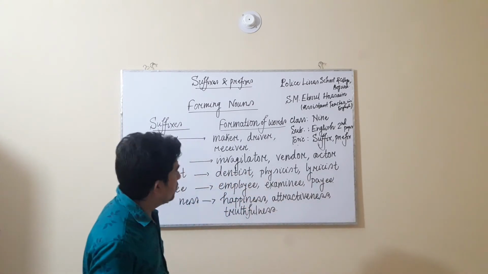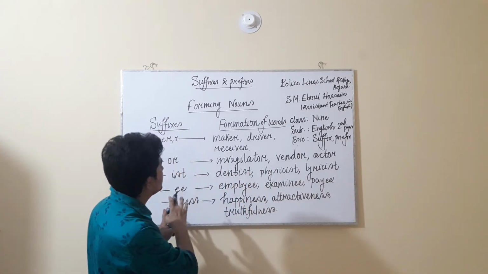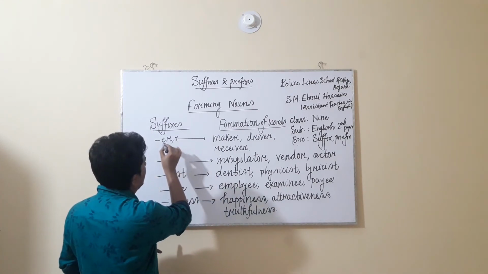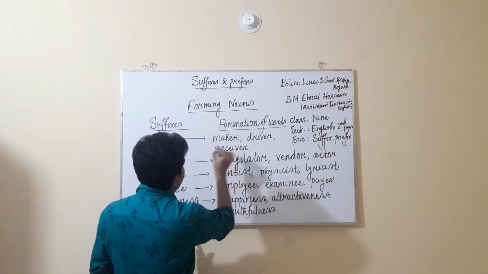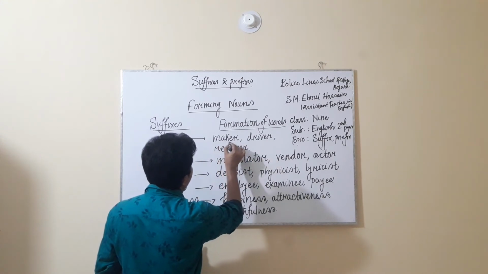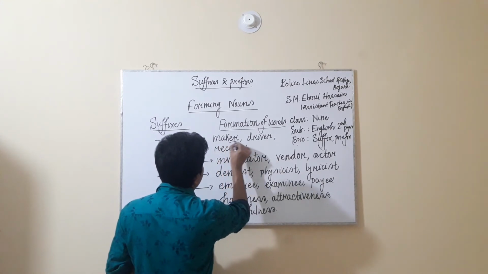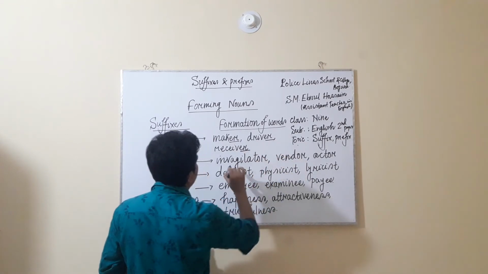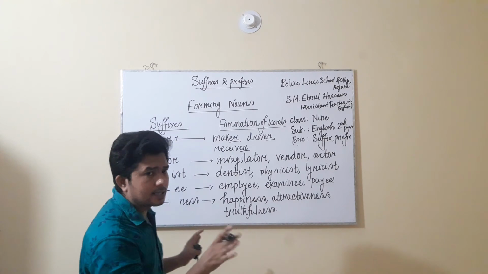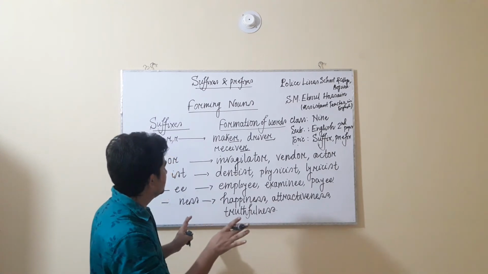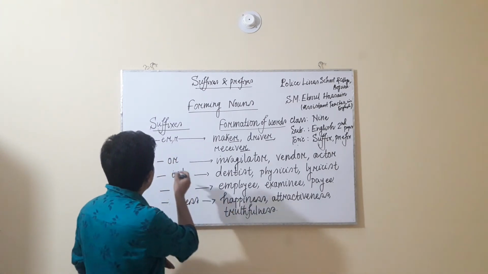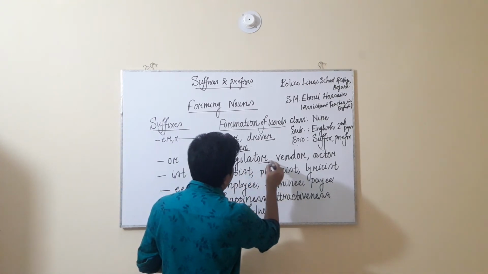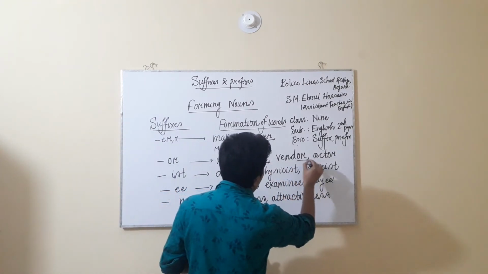So we can say that all the suffixes are added at the end of the word. Here the suffix ER is added at the end of the words maker, driver, receiver. Here the suffix OR is added at the end.